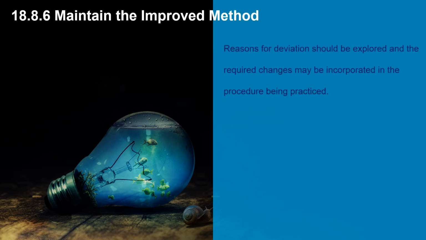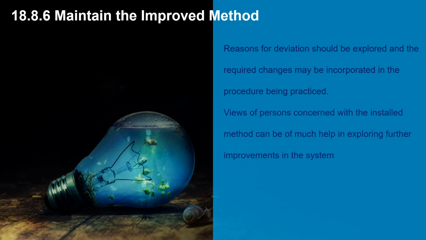The reasons for deviation should be explored and the required changes may be incorporated in the procedure being practiced. Views of persons concerned with the installed method can be of much help in exploring further improvements in the system. Therefore, the method should be reviewed at intervals to provide allowances for any changes.